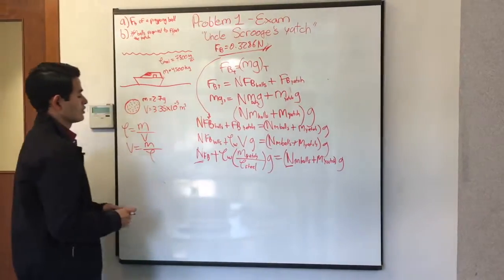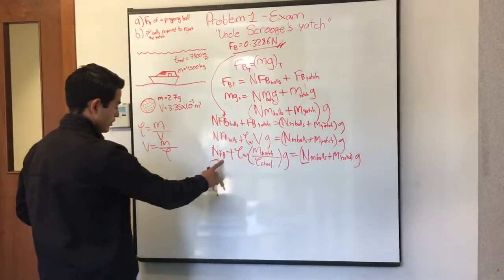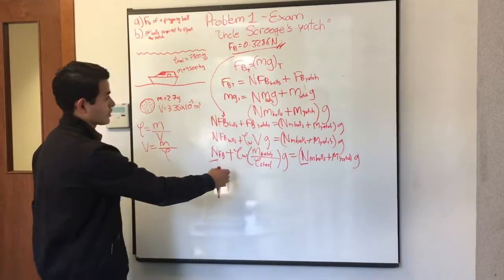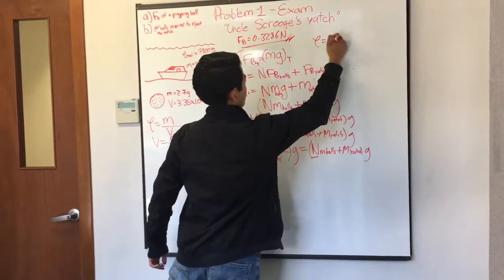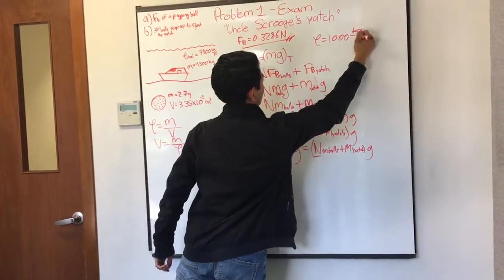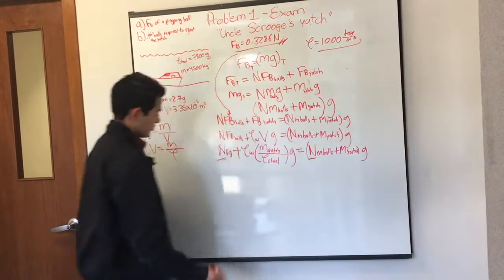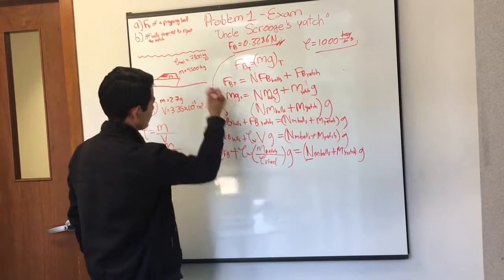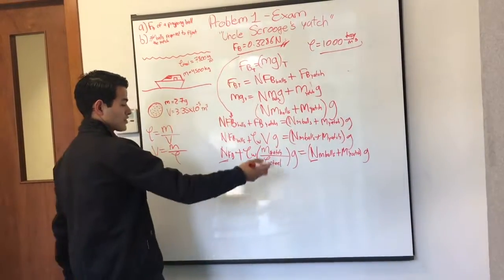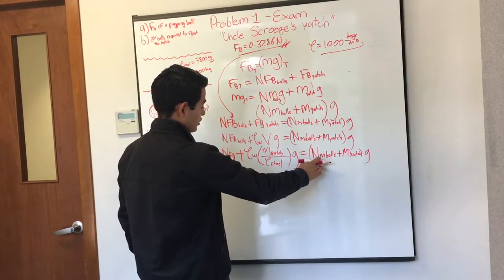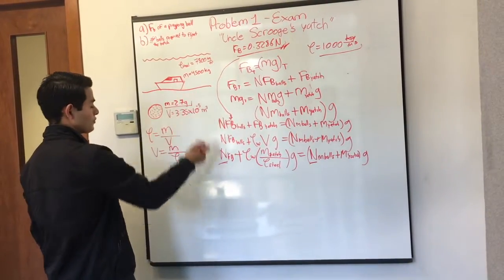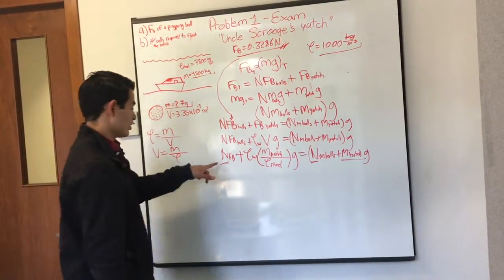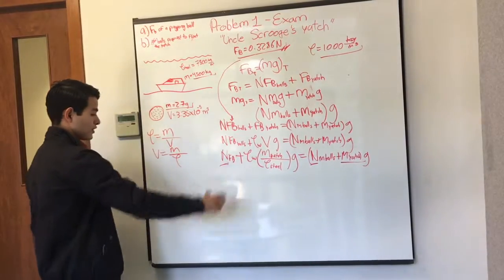We need to substitute all our values. The buoyant force of each ball we have already. The density of the water is 1,000 kilograms per cubic meter. We have the mass of the yacht, the density of the steel, gravity, which is our constant, the mass of the balls, and the mass of the yacht again. So we have everything, and our only variable is n.